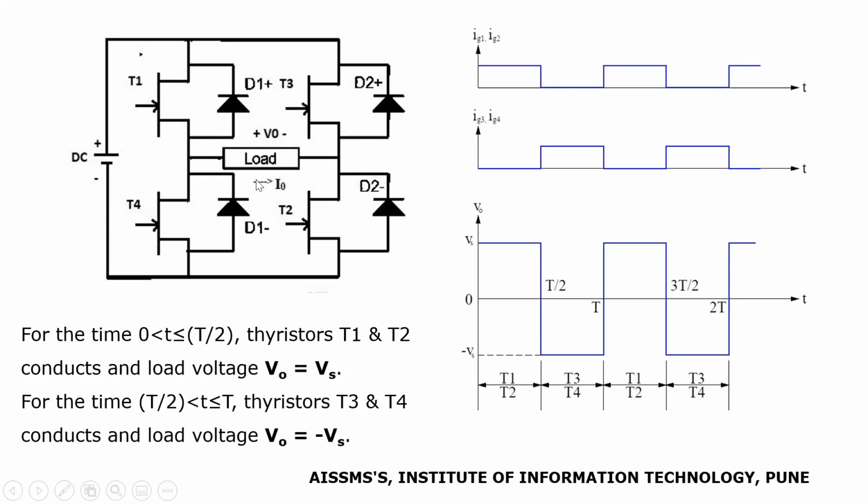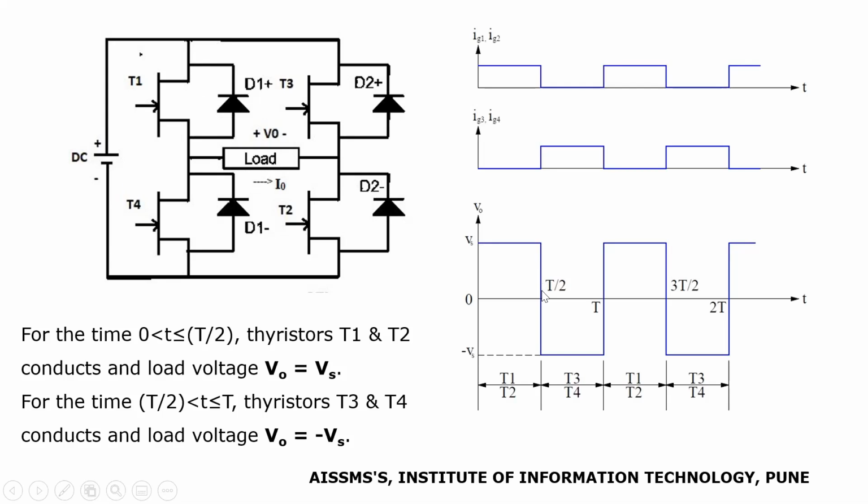This direction of current is considered to be the positive direction, and the voltage applied across the load is considered to be the positive voltage. So during this time period, the voltage appearing across the load is equal to plus Vs.